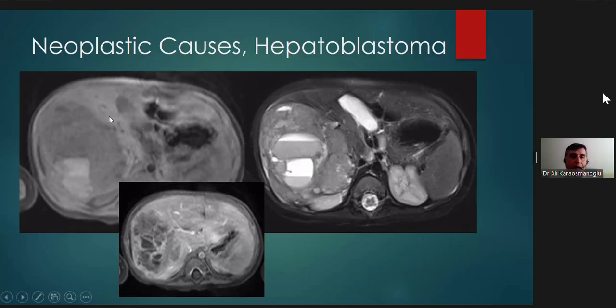On the pre-contrast T1 image, you can see the hypointense lesion in the right liver lobe, and there is a hyperattenuating area, which may be suggestive of hematoma, right? A hemorrhagic component here. On T2, you can better appreciate the debris, the serum, and the fluid level in different parts of this tumor.